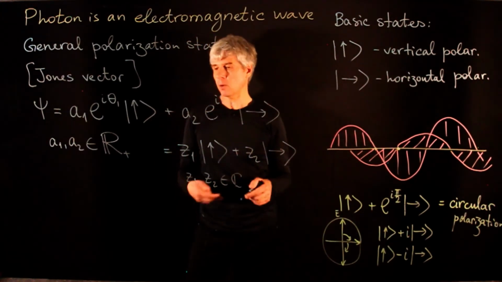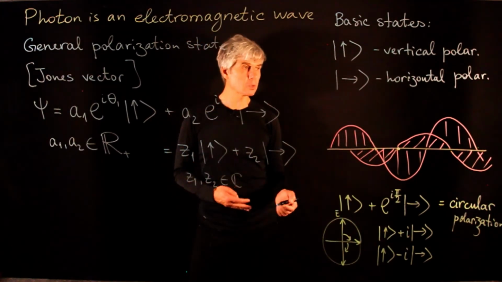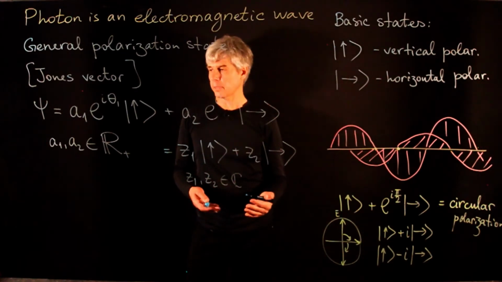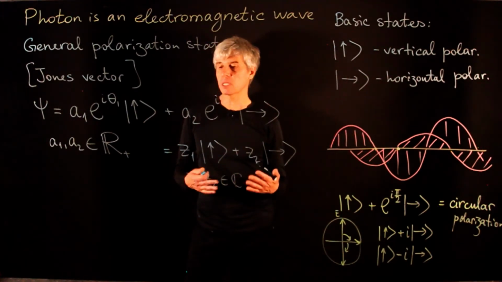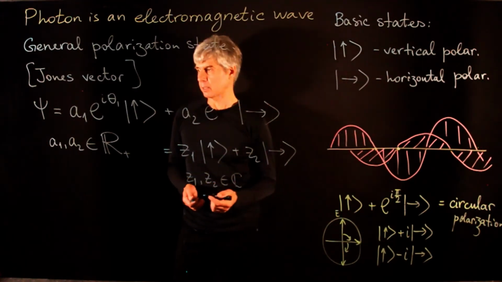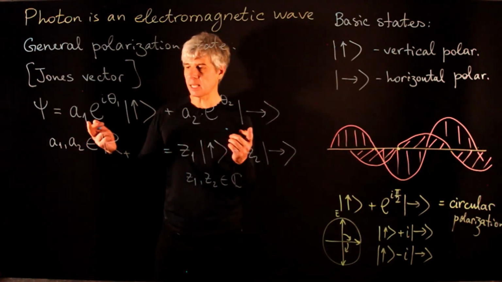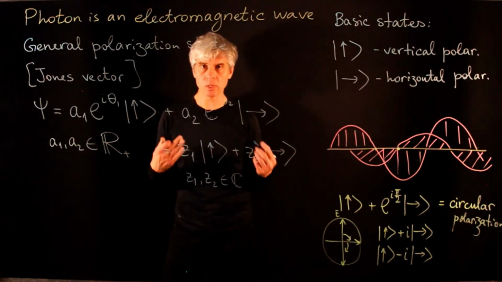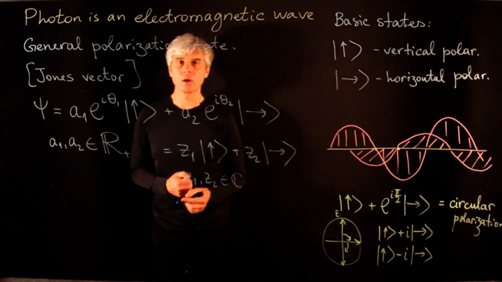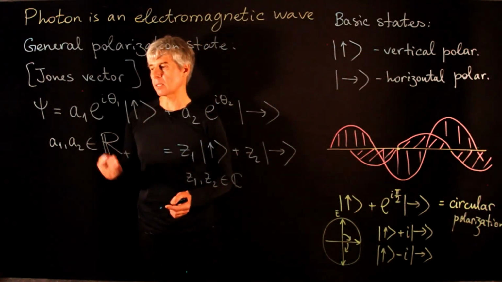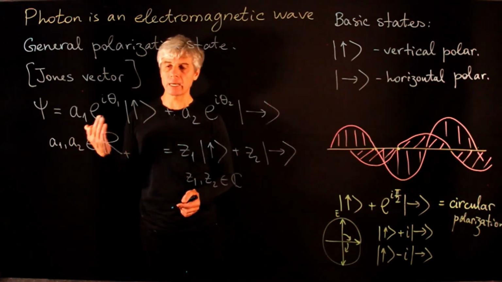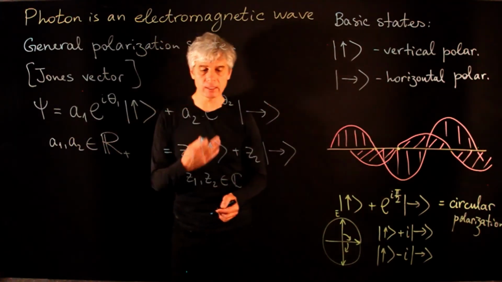In addition to this, we need to use some sort of normalization condition: this state should be a unit vector. This is one of the axioms of quantum mechanics, that physical states are represented by unit vectors.